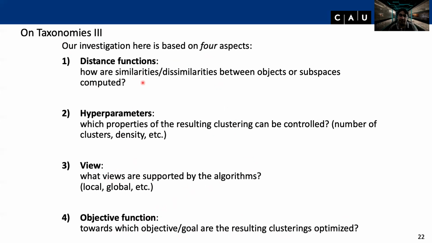Also distances, in such a way that they detect more compact clusters around the line or not. So these 4 aspects are highly tailored towards the outcome. So we are asking: how does a change in distance function, hyperparameters, view or objective function affect the resulting cluster that we see in the end?